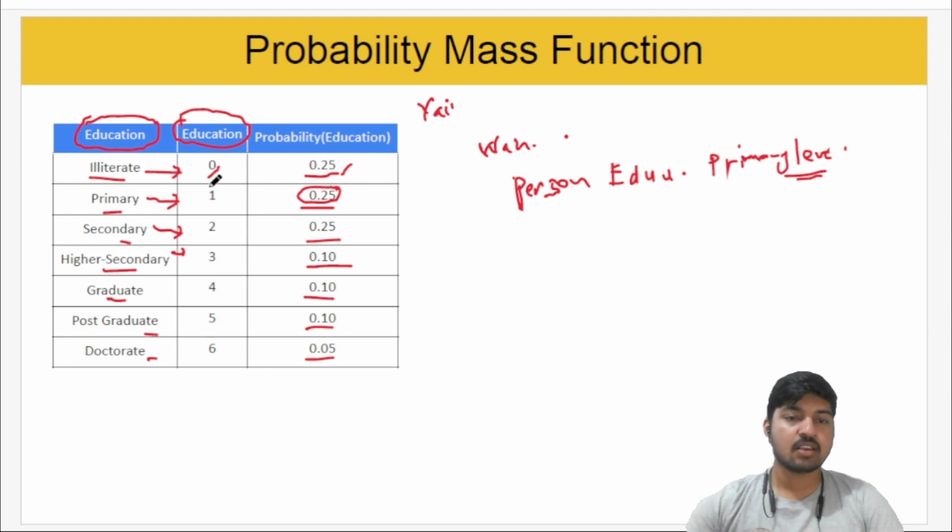Because primary is 25%, correct? Be attentive, Amit. Yes, Bhaiya. Correct. So now I want to ask whether it is a correct probability mass function or not.